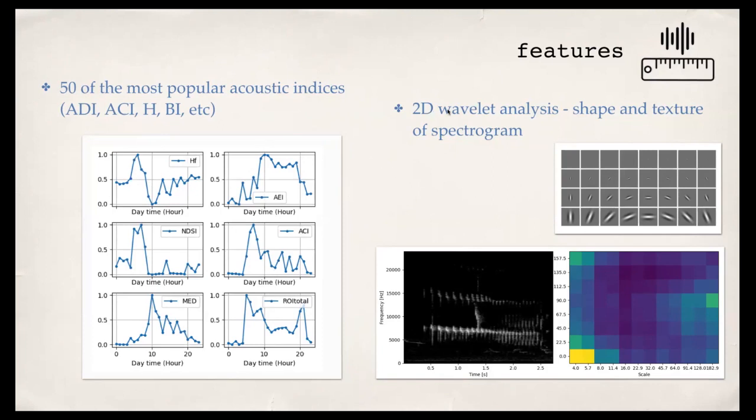And we also have this that is based on the multi-resolution analysis, a 2D wavelet analysis that can compute the shape and the texture of the spectrogram. I've been using this quite often to detect and classify sounds of interest using either supervised learning or unsupervised learning. So how this works is you can make all this kind of filters. All this you can compute in 2 lines of code.